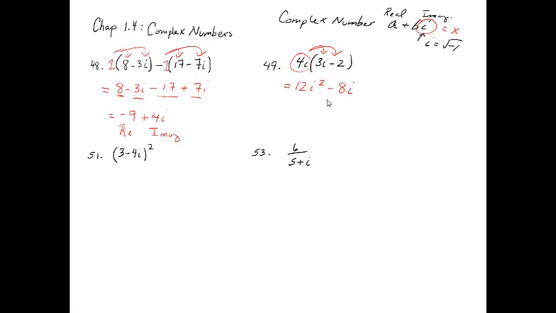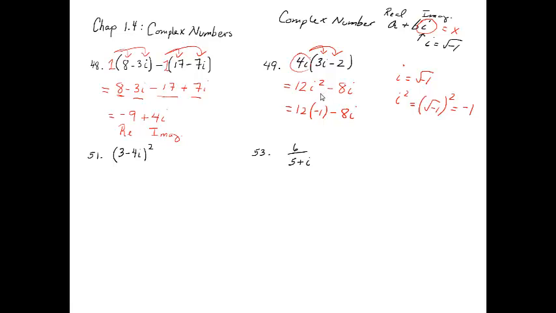So minus 8i. Now, if I is equal to the square root of negative 1, what is I squared equal to? Well, it's equal to the square root of negative 1 squared, which is negative 1.